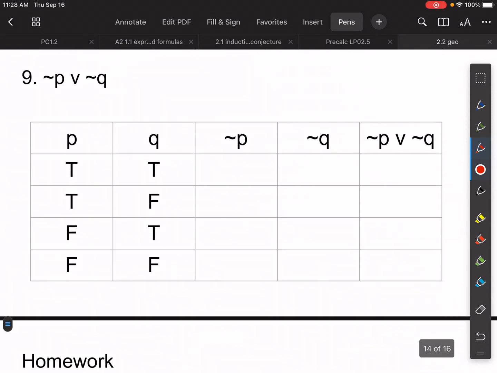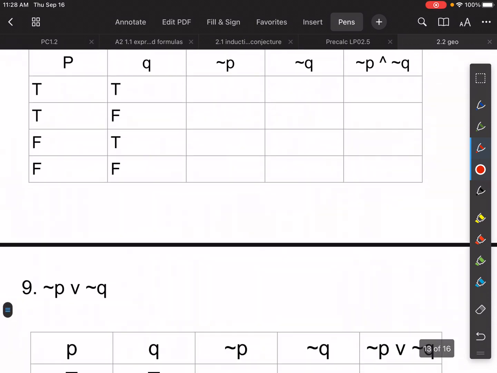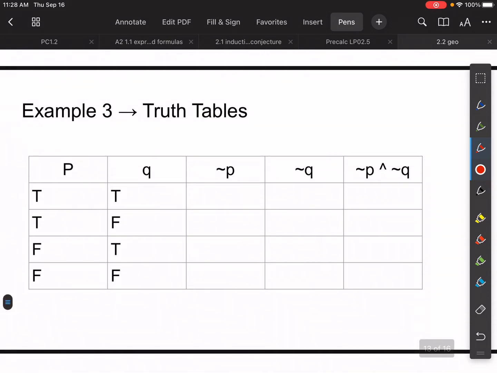And now for the last one, we're going to do one of these truth tables. Here, we don't know what the statement is, but if we know that P is true and Q is true, then not P is going to be a false statement, and not Q will be a false statement. Those will always be opposite.